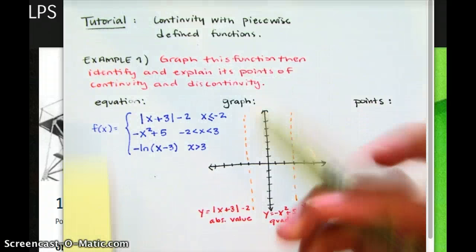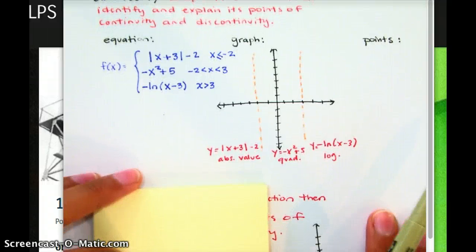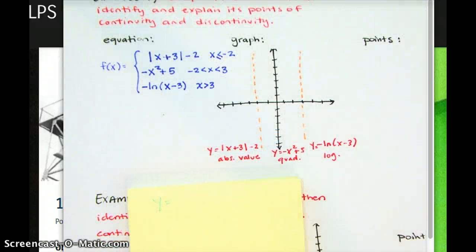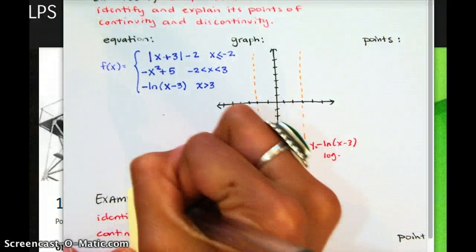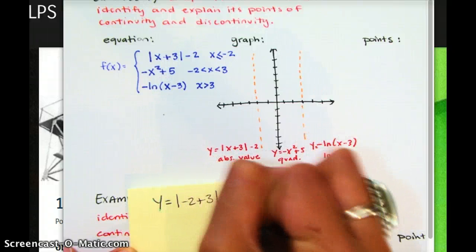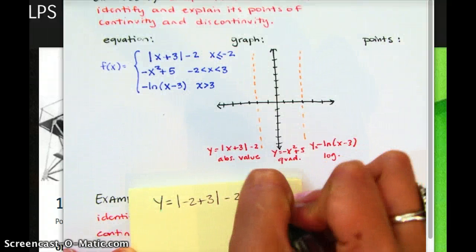So if I start by plugging in -2 to this function, I would get work that looks something like this. Y equals the absolute value of -2 plus 3, minus 2. Order of operations, I do the inside first, so this is the absolute value of 1, and 1 minus 2 is -1.